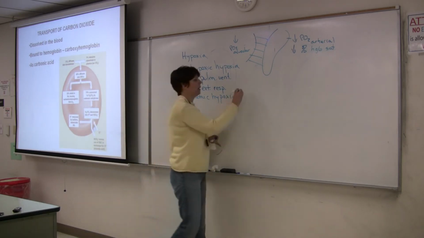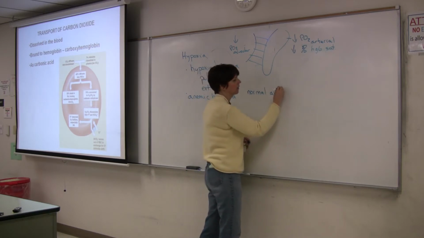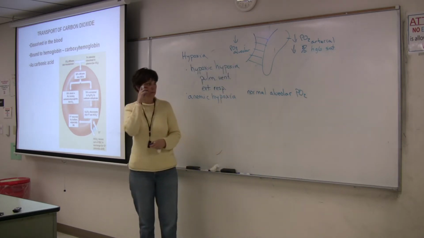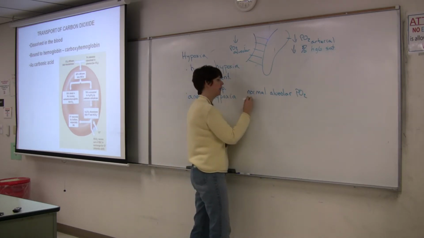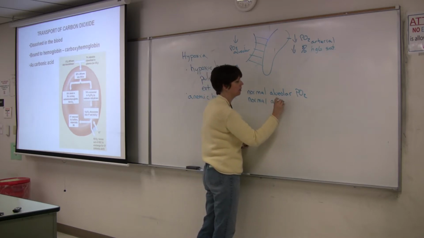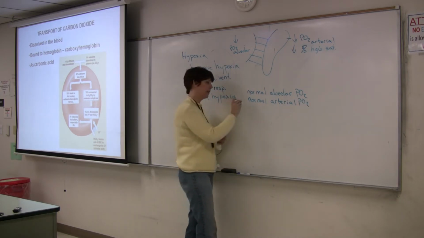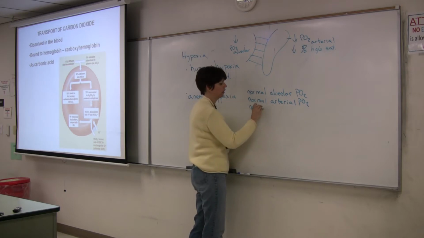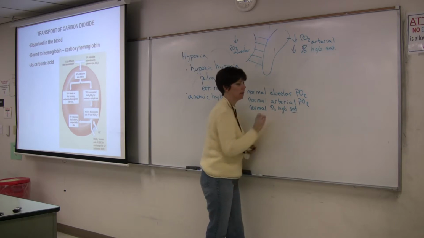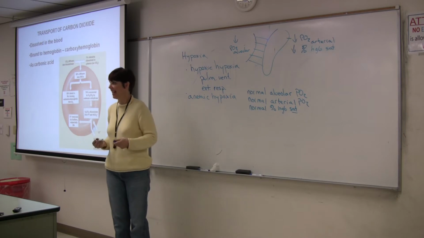So we would have normal alveolar PO2. We would even have normal arterial PO2. And we would even have normal percent hemoglobin saturation. So what's the problem? We don't have enough hemoglobin. Okay?